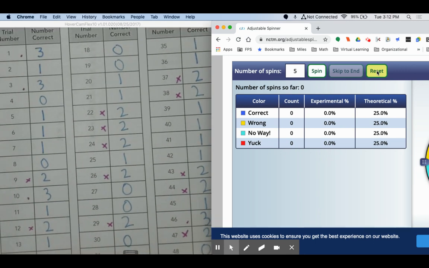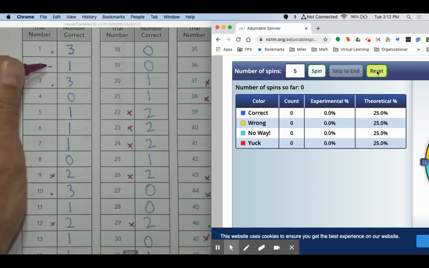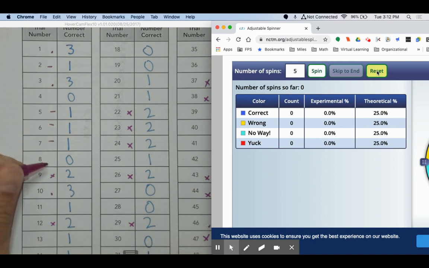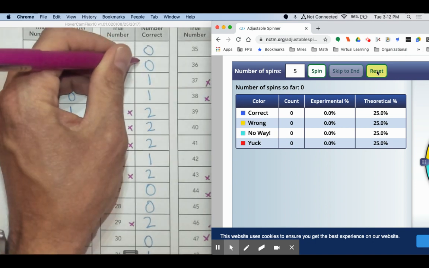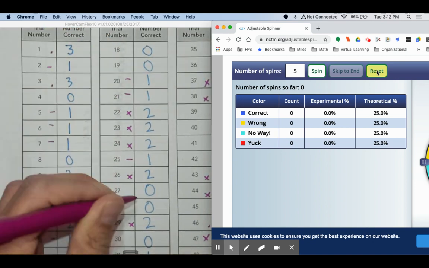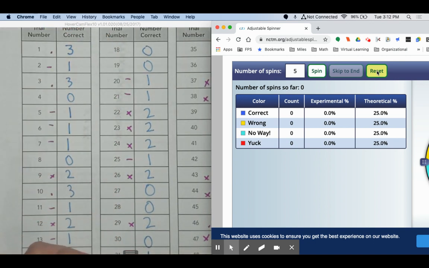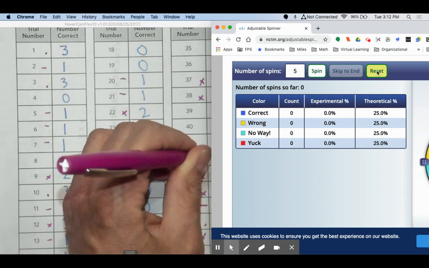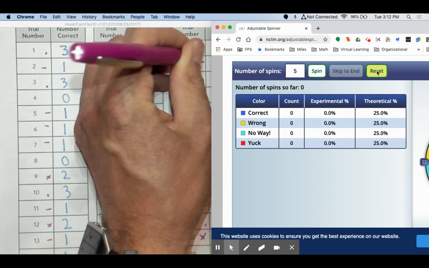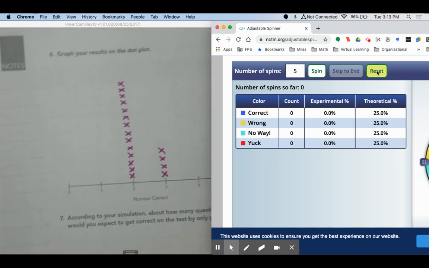Okay, ones. 12, 13, 14, 15, 16, 17, 18, 19, 20, 21, 22. 22 ones.